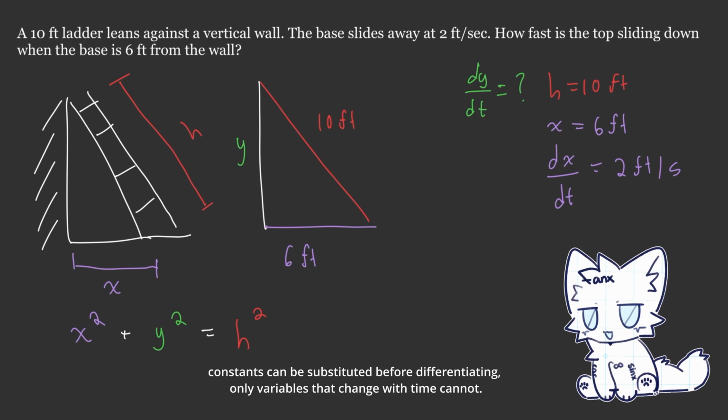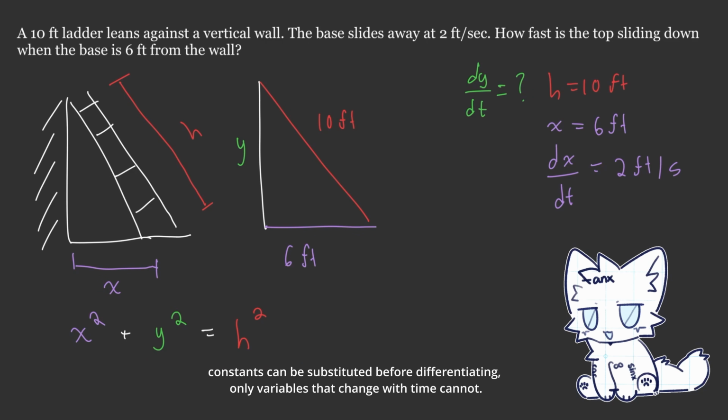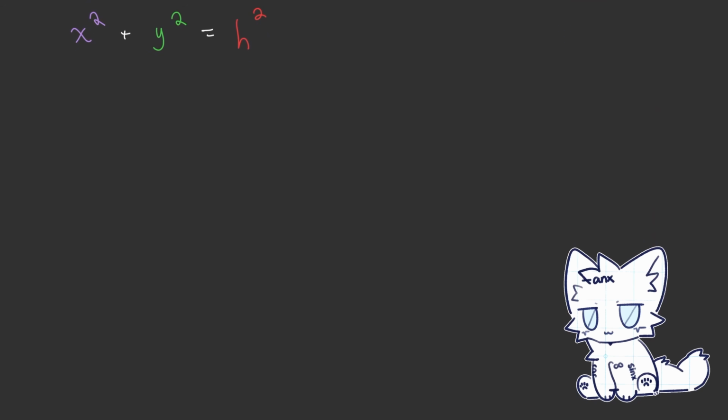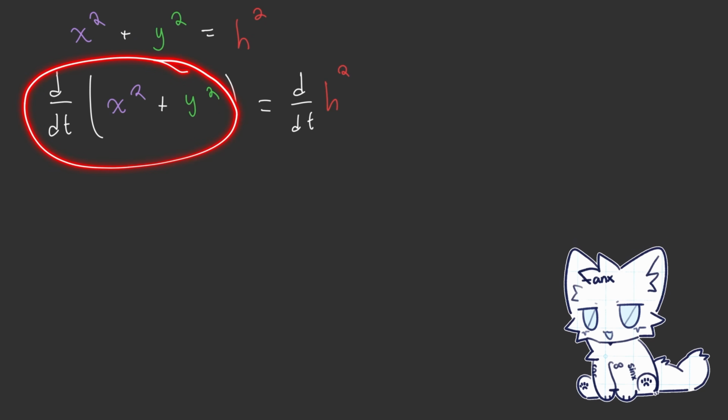So we have this system here. Let's find the derivative with respect to time. Let's apply the derivative with respect to time across the whole system: x squared plus y squared is equal to the derivative with respect to time of h squared. So let's apply the derivative with respect to t to all these terms.